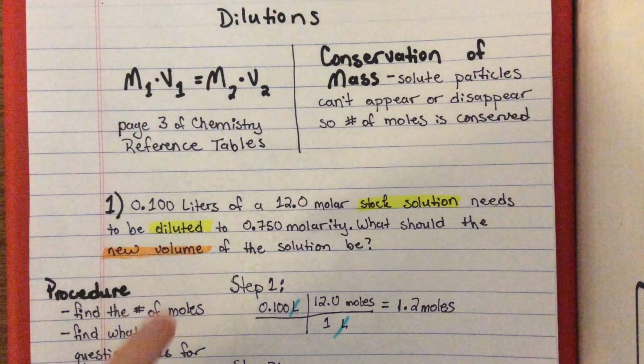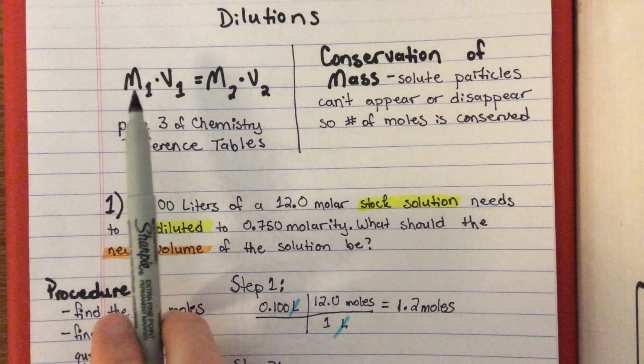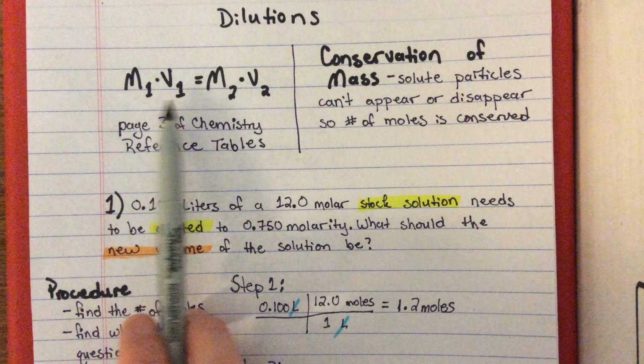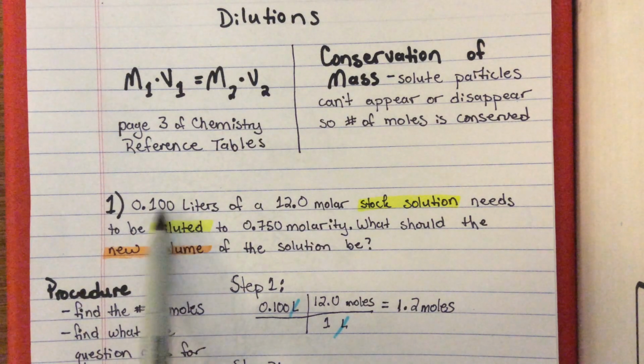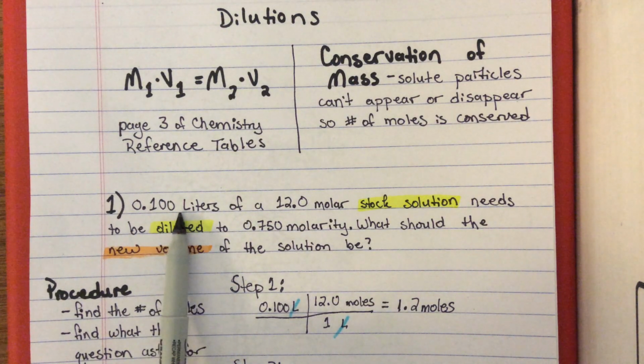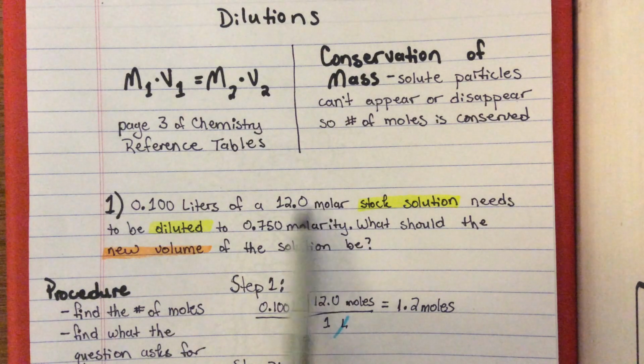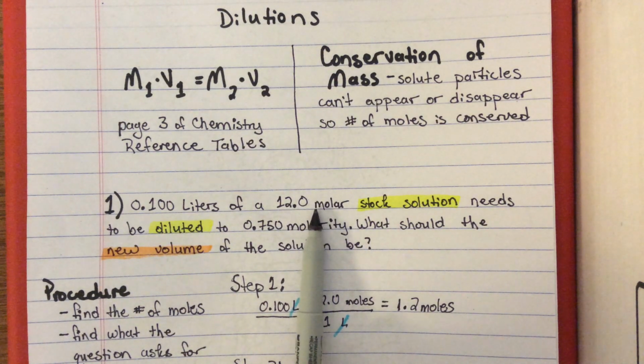So if we look at the problem, we can identify the initial conditions, the first original stock solution, as having a volume of 0.100 liters and a molarity of 12.0.